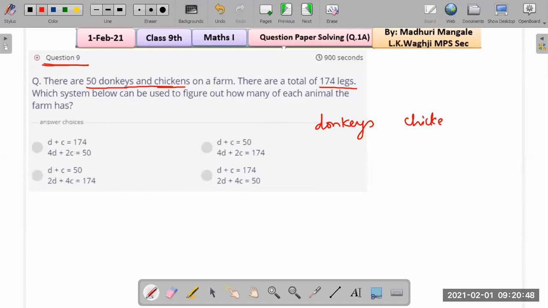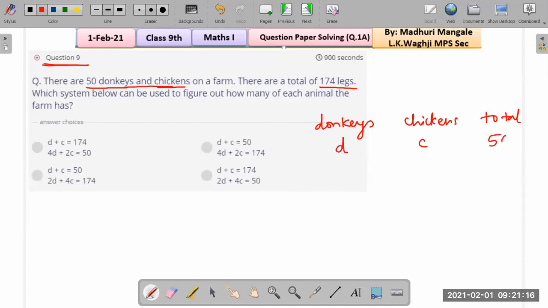Let me give you few hints and then you can try it out. Okay, I will give you one equation, other equation you have to find. Okay, so let the number of donkeys be D and the number of chickens be C. All right, this is how we start. And then we are given there are 50 donkeys and chickens. That means sum of donkeys and chickens, the total is 50.